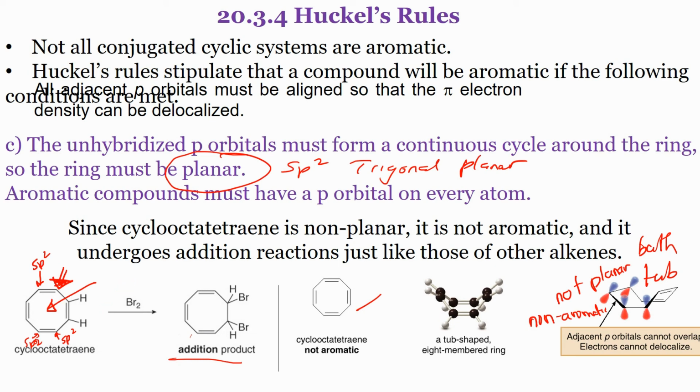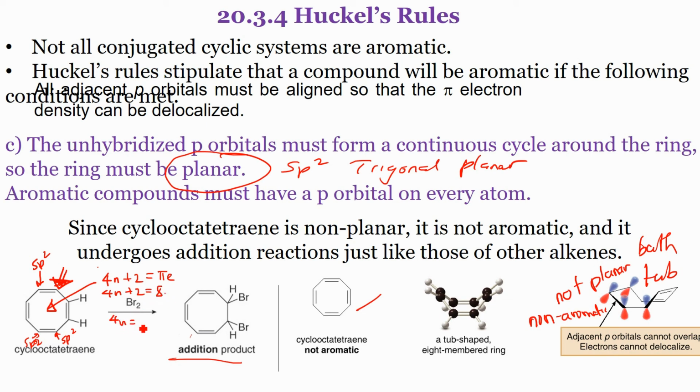Pi electrons, someone? 8. Yes, there are 4 pi bonds, which means 8 pi electrons. 8 is a multiple of 4. So if you test it with 4n plus 2 equals the number of pi electrons, 4n plus 2 equals 8.